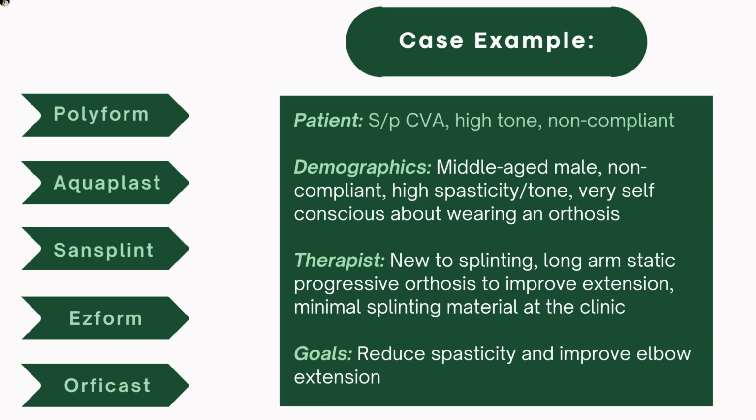So is this something where we need to put the patient in a functional position? Maybe for the hand a little bit more, but this is definitely an option for this patient. And remember, it also has great memory. So you're new to splinting, you can make as many adjustments as you need, throw it back in the splint pan, due to that good memory quality.